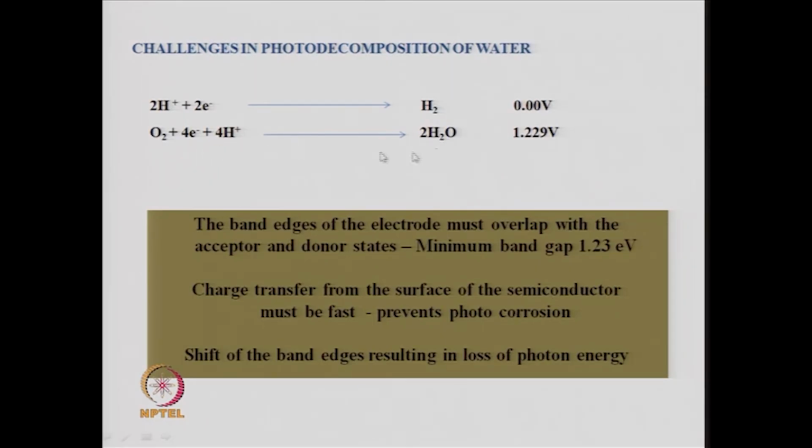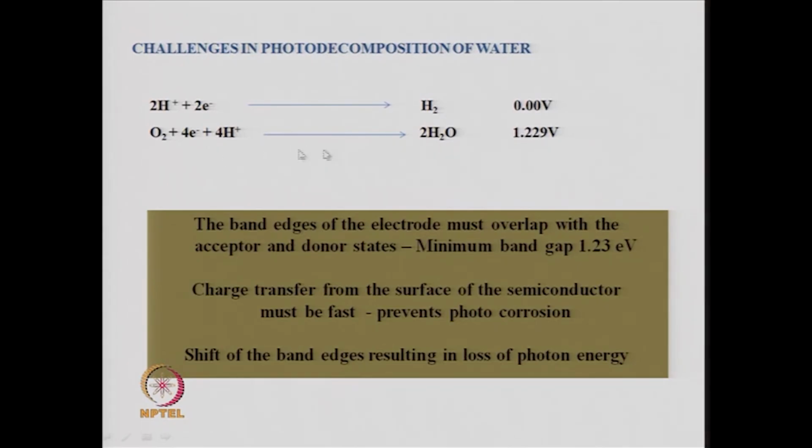So, in the other electrode actually it is the reverse reaction, H2O giving oxygen, and this is the standard hydrogen potential, which is kept at 0 volts, and this is the potential you require for this reaction.